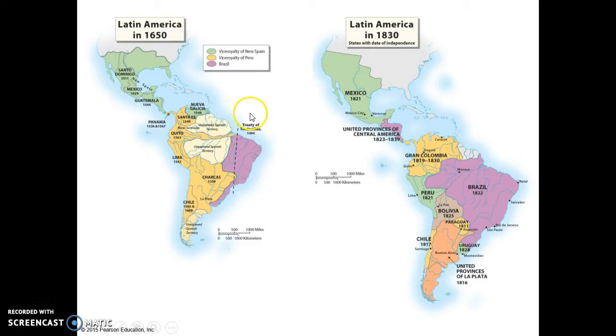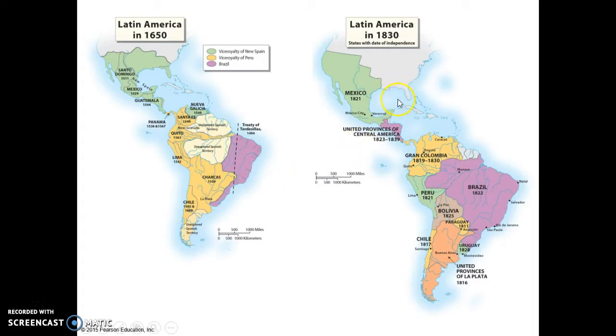They didn't have that system back then, but that's kind of where it is. We're going to draw a line running north-south, and east of that line, that's Portugal territory. West of that line, it's going to be Spain territory.